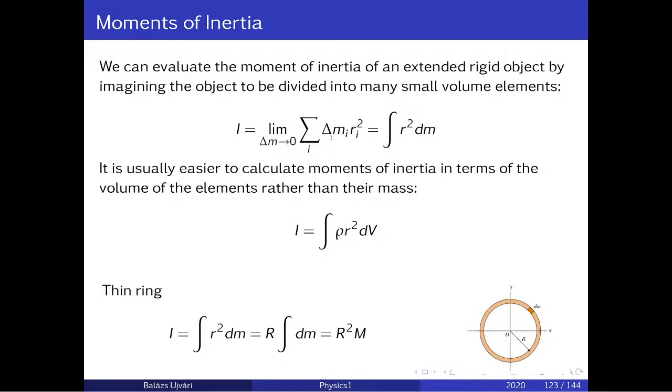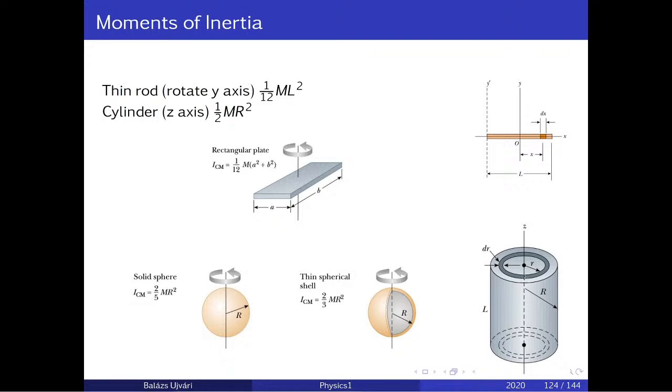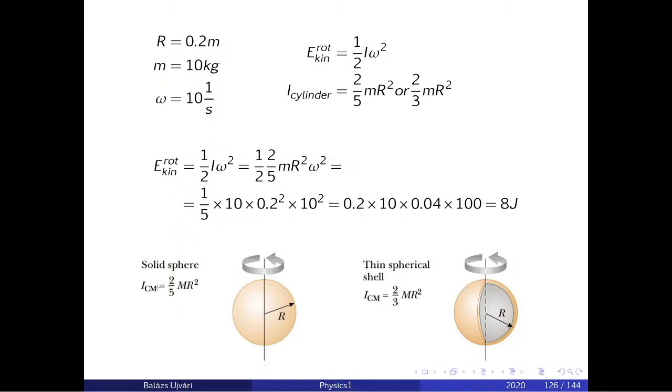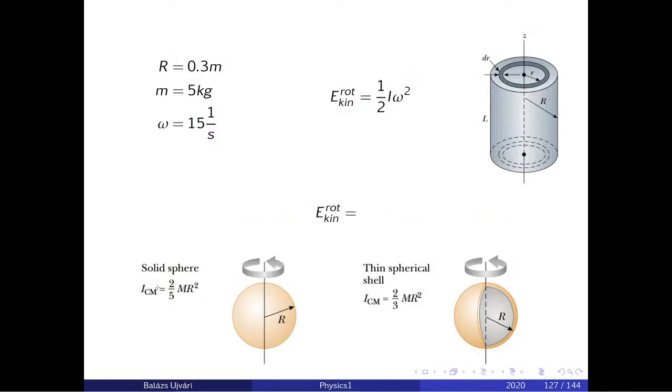How we calculate this moment of inertia, it's not easy, but in some simple cases, some mathematical objects, this is, for example, 1/2 mr square, 2/5, 2/3. So it's always mass times r square, and this constant technically describes the shape of the body. We solved one example, another one, and you solved.